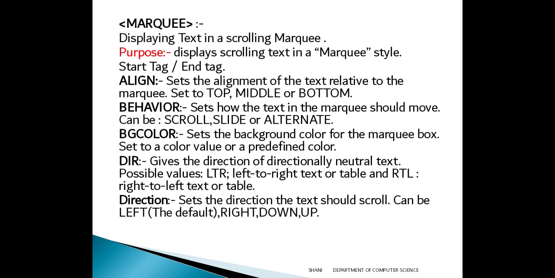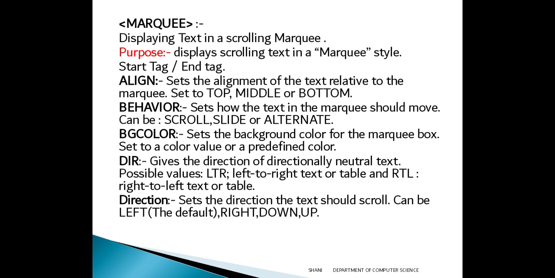Align sets the alignment of the text relative to the marquee, set to top, middle or bottom. Behavior sets how the text in the marquee should move, can be scroll, slide or alternate. BGcolor sets the background color of the marquee box, set to a color value or a predefined color.